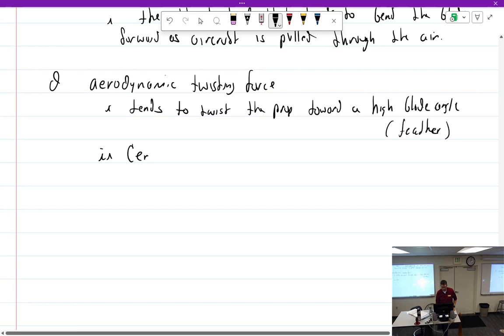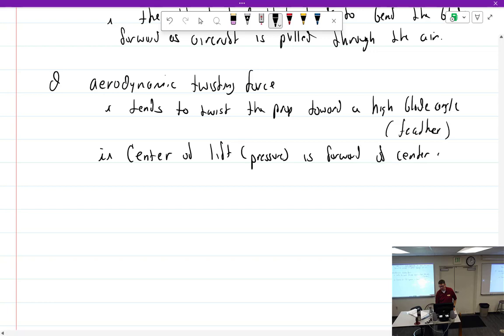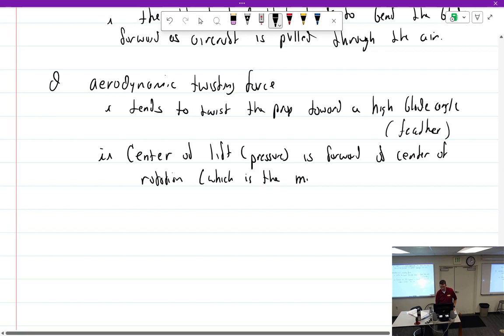Center of pressure, center of lift, is forward of center of rotation, which is the midpoint of the chord line.